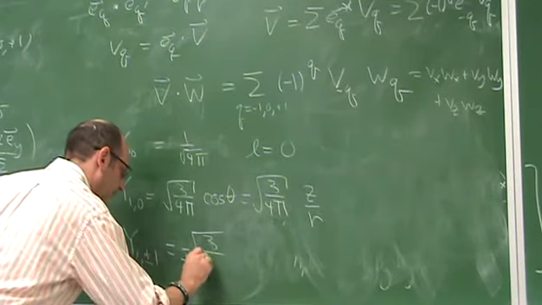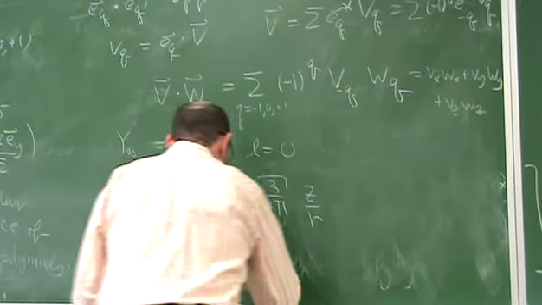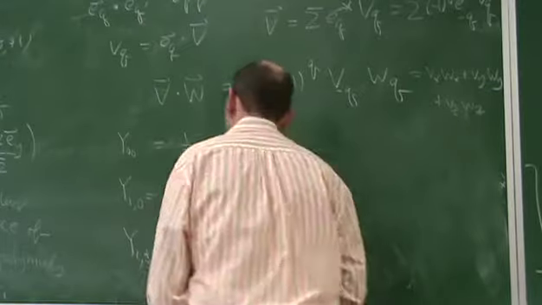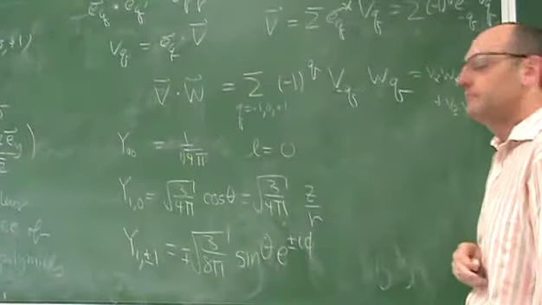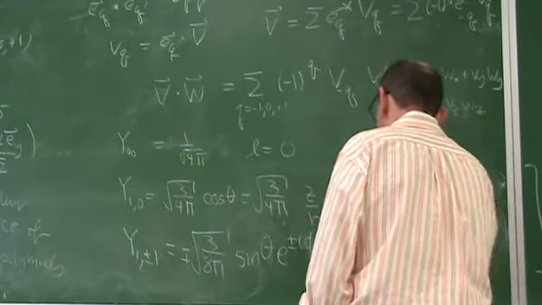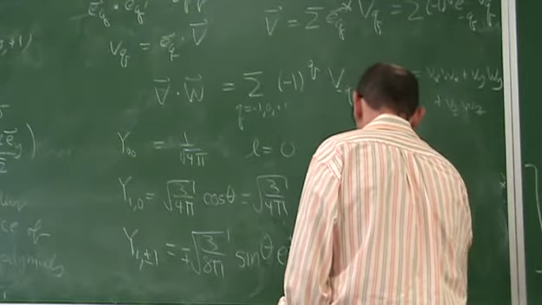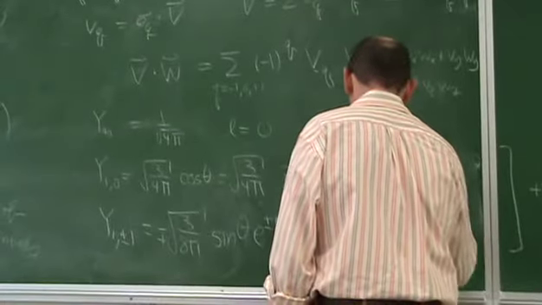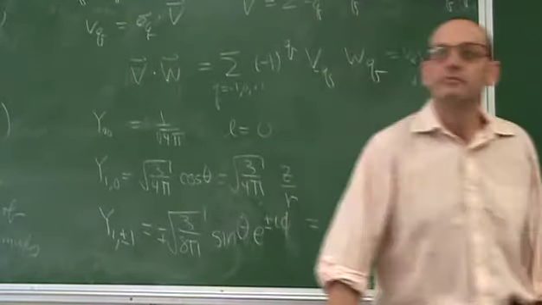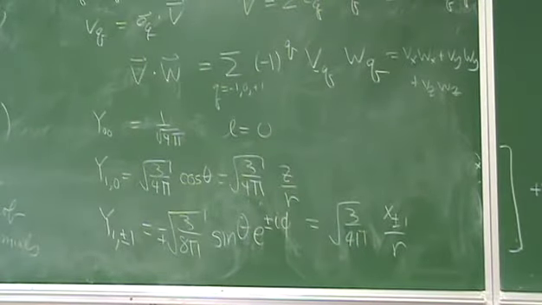This is minus plus root 3 over 8 pi sine theta e to the plus or minus i phi, if I got it right. And that's equal to root 3 over 4 pi x plus or minus 1 over r.